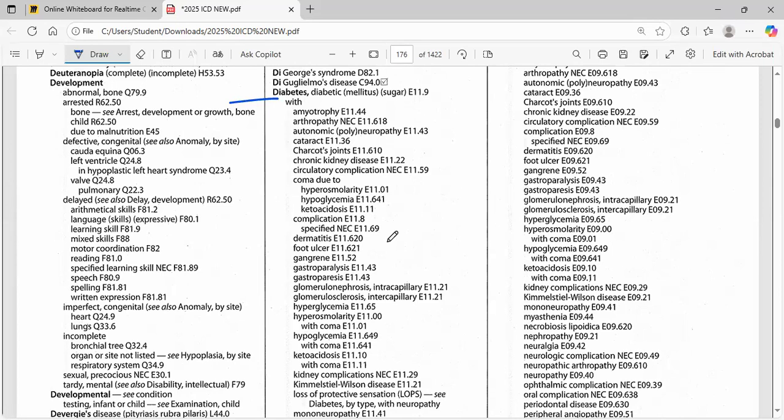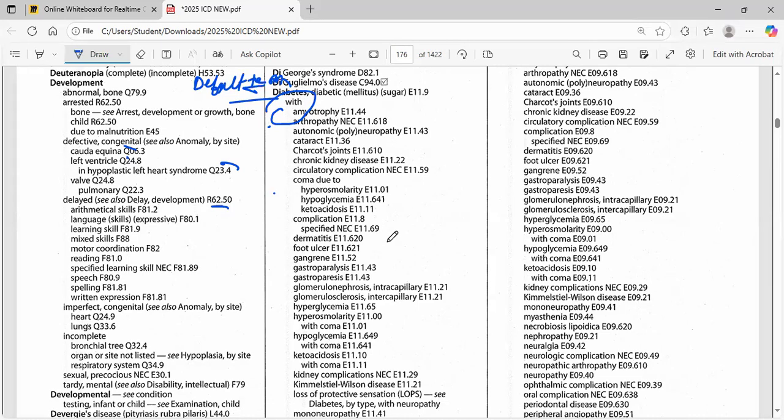You can see here we have the diabetes. And under the diabetes, we have the main term, that is "with". So this black bold term is known as the default term.